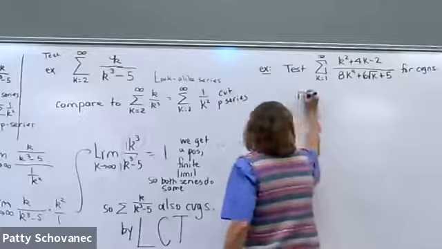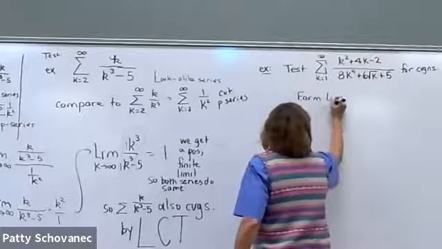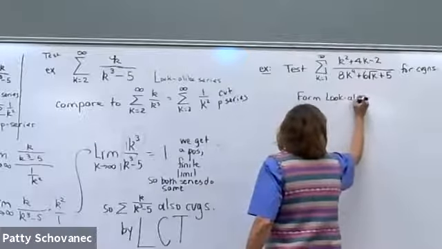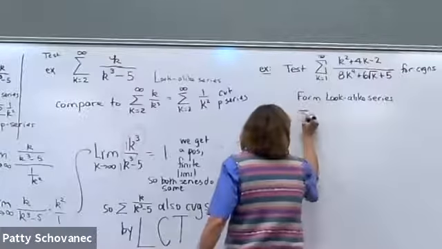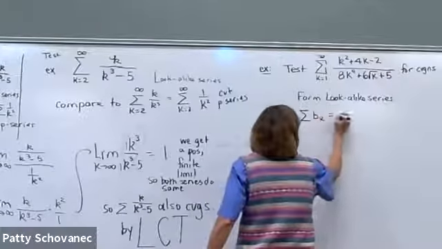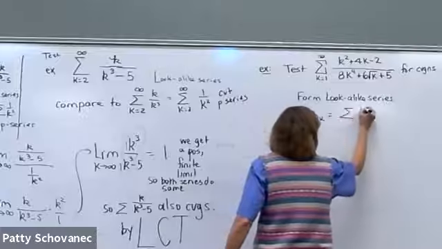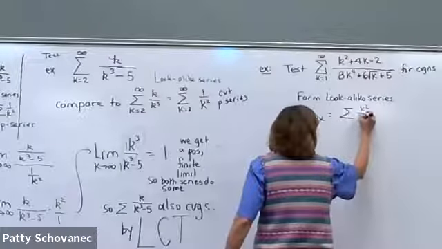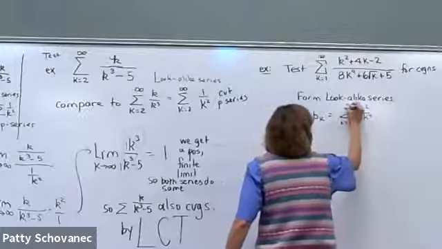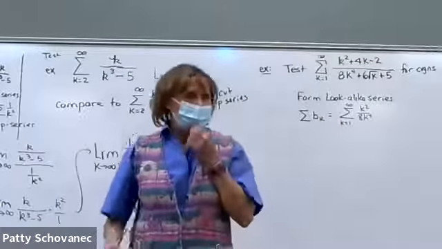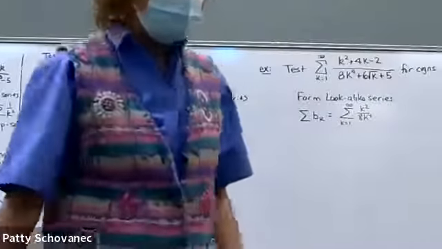Okay, so we form a lookalike series. Throwing everything away on the top except for the k squared. Throw everything away on the bottom except for the 8k to the 4th. I have a question. Yes. So in my head, I have a series of 1 over k squared.